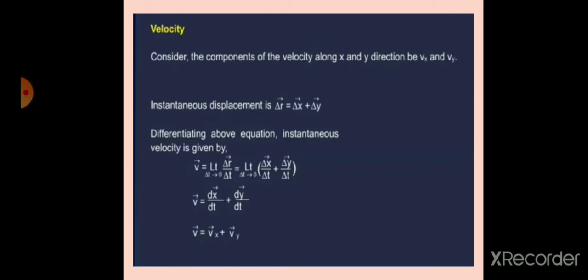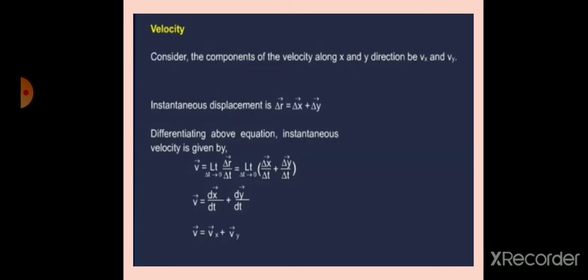Differentiating the above equation, the instantaneous velocity becomes vector v is equivalent to limit delta t tends to 0 delta r by delta t. Substituting for delta r from the above equation, we get v is equivalent to limit delta t tends to 0 delta x by delta t plus delta y by delta t.